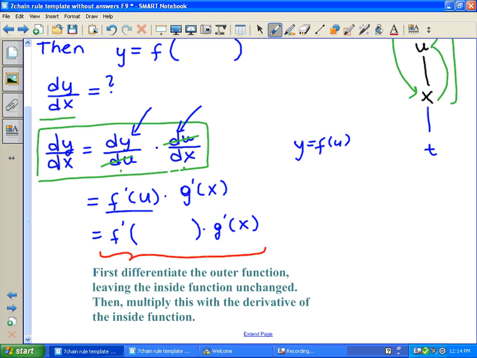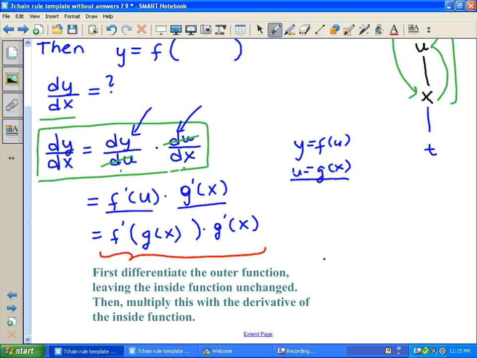And du/dx, remember, u is a function of x, so du/dx can be written as g prime of x. The only other thing we need to remember is what u is, and since u is g of x, just substitute that in here, and thus we have what is known as the chain rule.